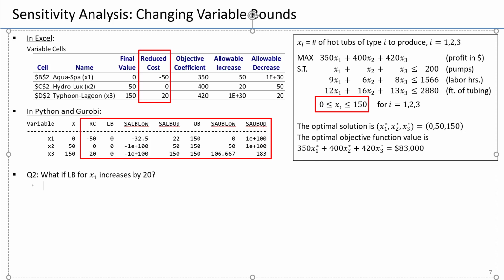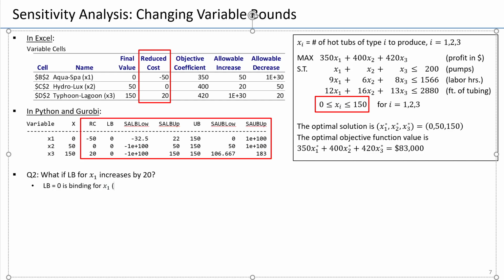Another example, what if the lower bound for x1 increases by 20? So first we were increasing the upper bound for x1, and we said the marginal value was 0 because the binding bound was the lower bound, right? It was the lower bound of 0. So now we're increasing the lower bound. So obviously, we have to say the lower bound, which is equal to 0, is binding for x1, right? It is binding now.